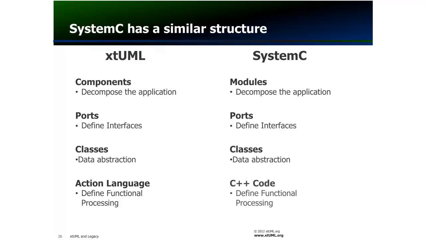The key distinction for SystemC is the usage of C++ as the language for describing actions and functional processing. For modeling teams that lack SystemC expertise, this distinction is also an important advantage in favor of the xtUML approach. Remember that xtUML uses the object action language, which is more abstract and much easier to learn.